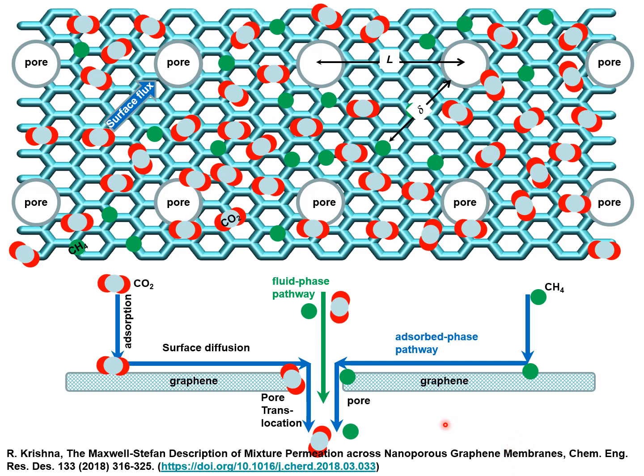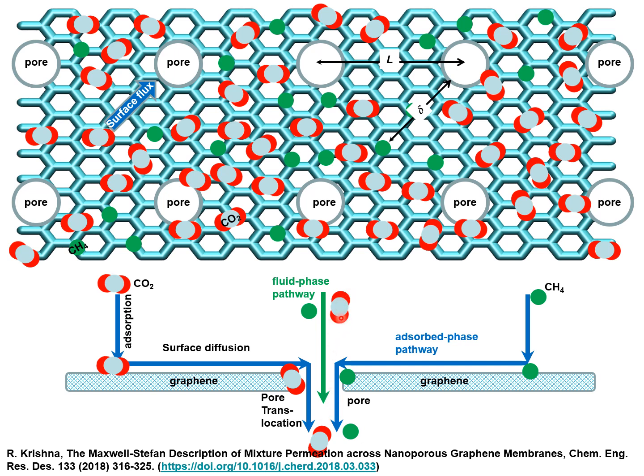There are basically two pathways for transmembrane transport of gaseous molecules. That is shown in the schematic. One is the fluid phase pathway that is shown by the green arrow.